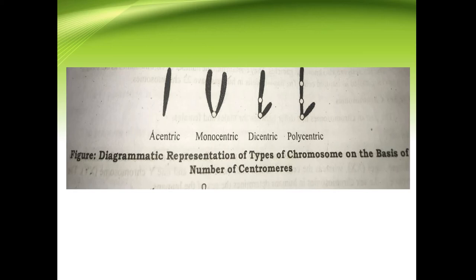So this chromosome will help in passing on the material. It is the main hereditary material passed on from the parents to the offspring. The chromosome has a region called the centromere which divides it into two sections or arms, and this centromere will help in determining the different shapes of the chromosomes.